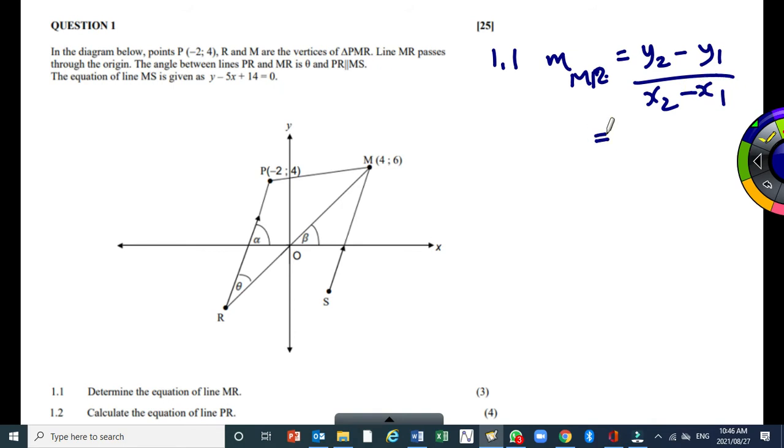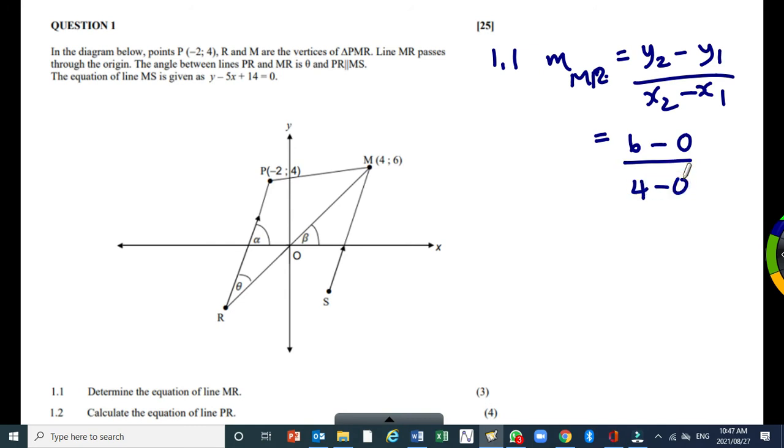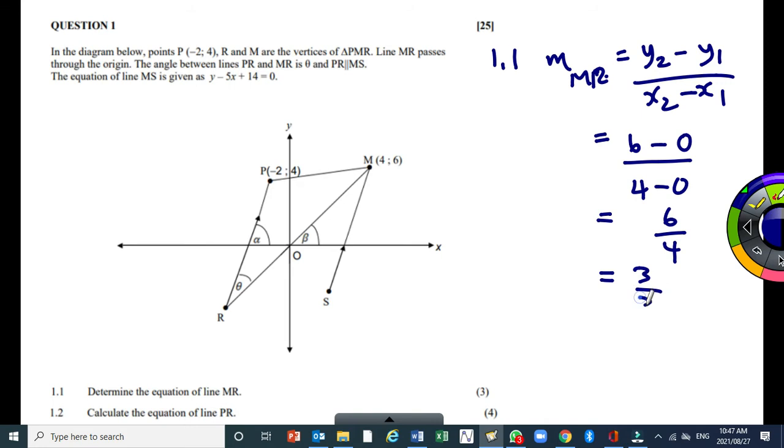Now, if I consider the point M, it is going to be 6 minus 0 over 4 minus 0. And this will give me 6 over 4, which is 3 over 2. So the gradient of MR is going to be equal to 3 over 2.